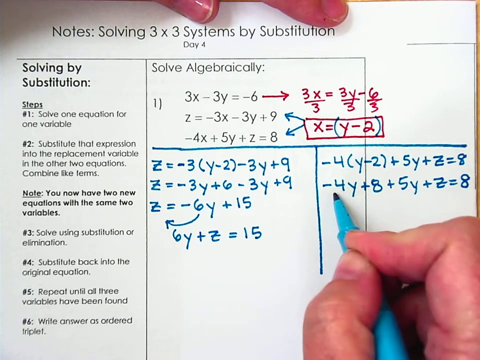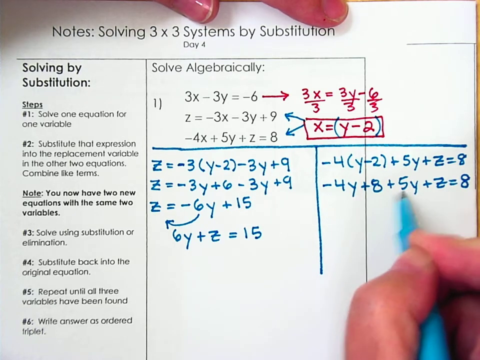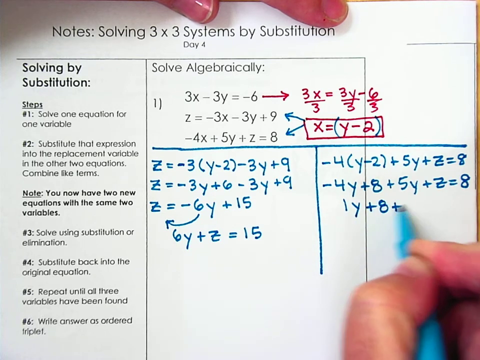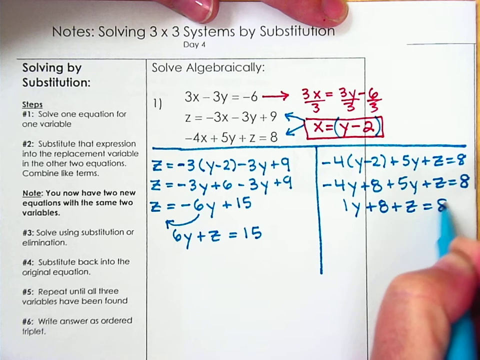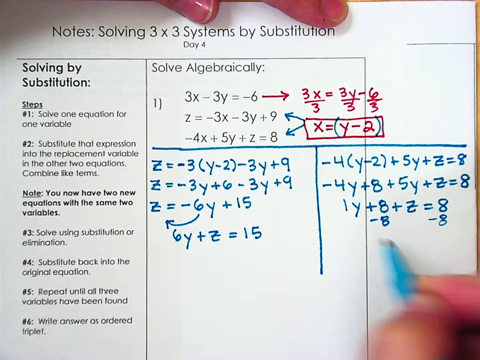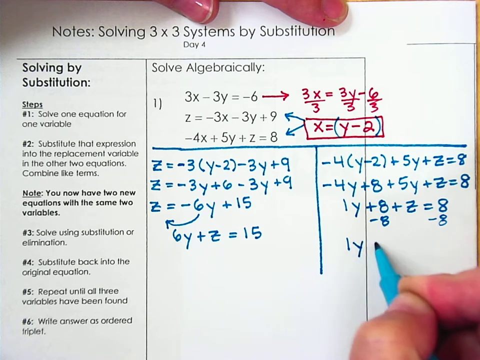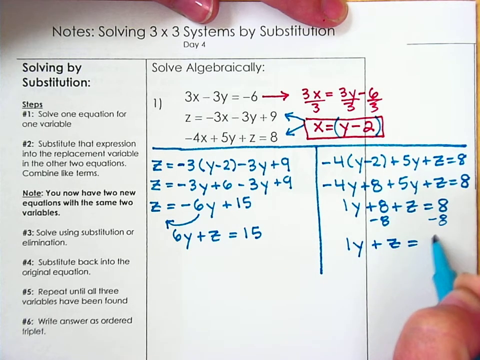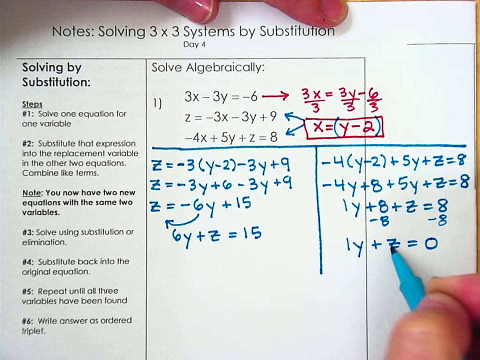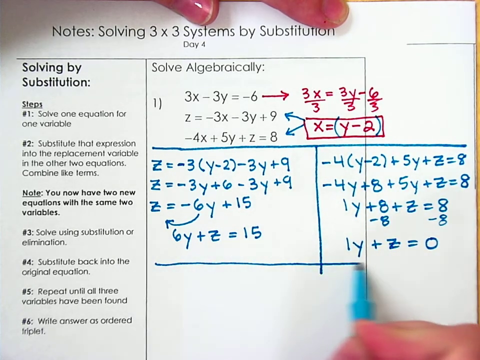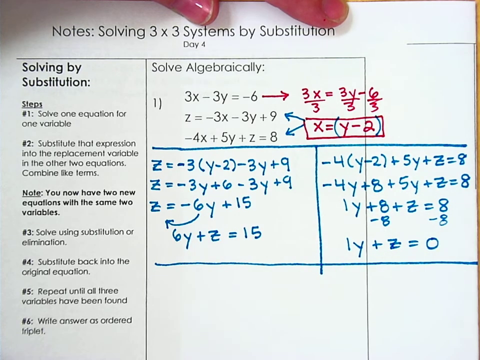I have negative 4y and positive 5y, so that's just 1y plus 8 plus z equals 8. Then we subtract the 8 on both sides, so we get 1y plus z equals 0. That's okay, we can have a 0 there. So that's the first piece of the substitution.